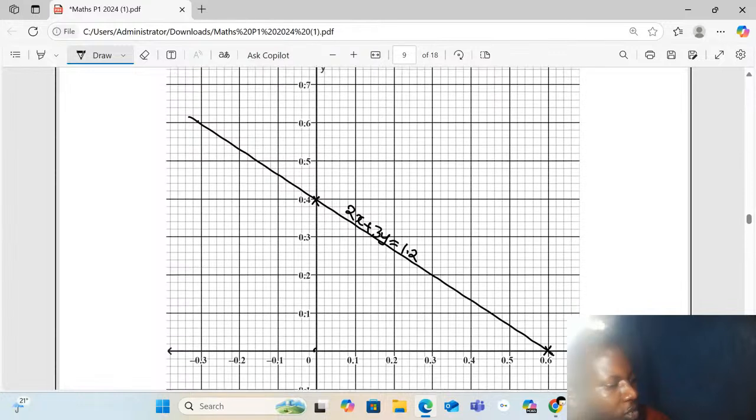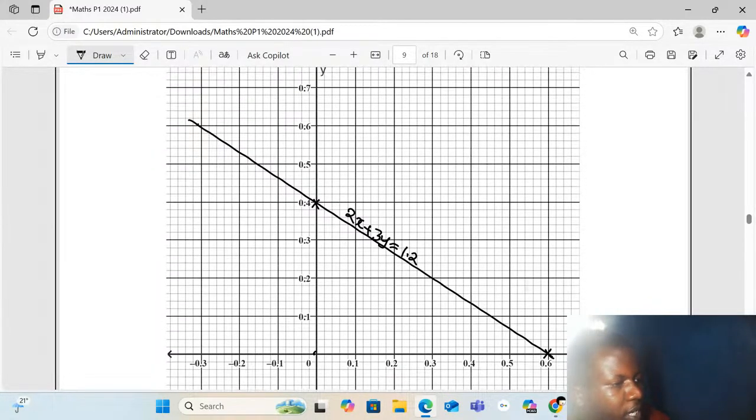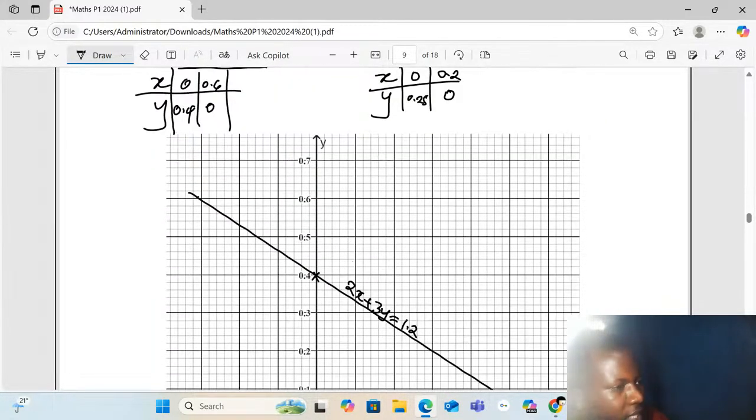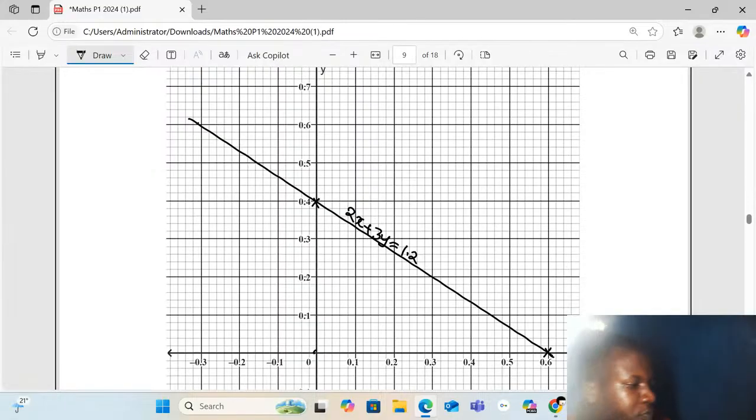Then we draw the next one. When x is 0, y is 0.25. So 0.25 is somewhere in between 0.2 and 0.3. Somewhere there. Then when x is 0.2, y is 0. So we move where we have 0.2 here.